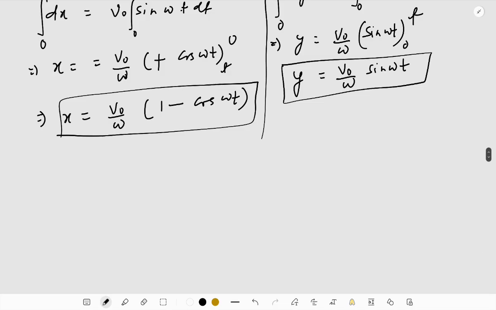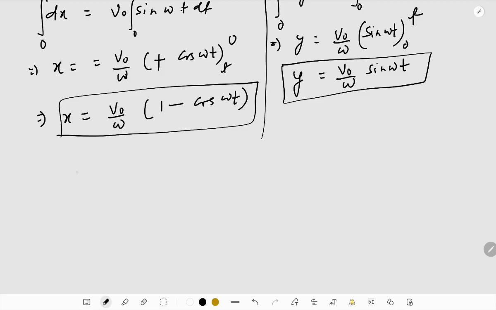One final step is still needed, and that is the equation of its trajectory. We are here with x in terms of time and y in terms of time, and we are going to eliminate t from both these equations, and we will get the equation of the trajectory of the point.